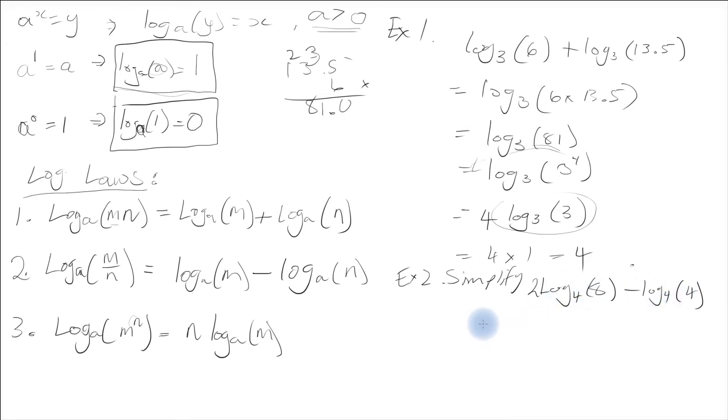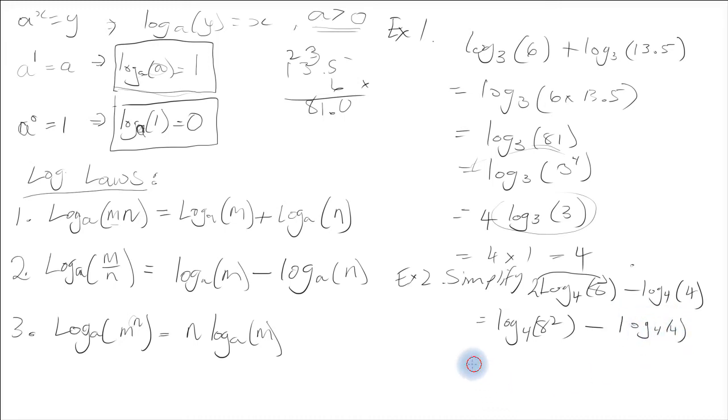Let me instead say, using this law, I'm going to put the n up as an index. So we have log to the base 4 of 8, now this 2 is coming to the top here, 8 squared, and I'll leave this as minus log 4 of 4.